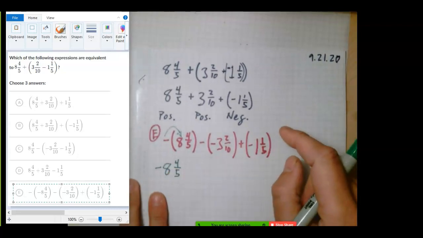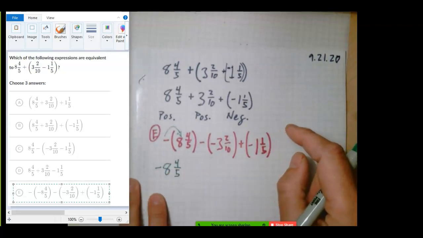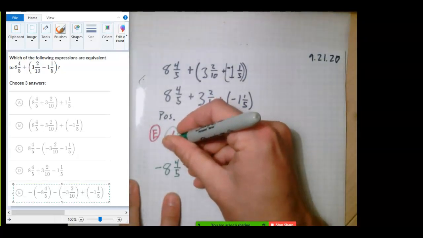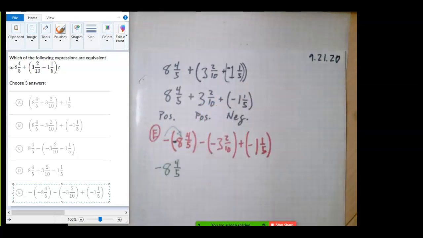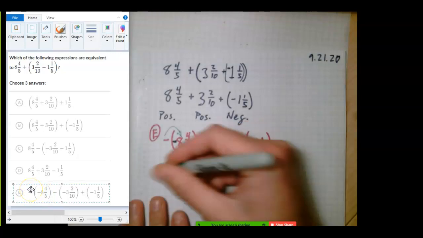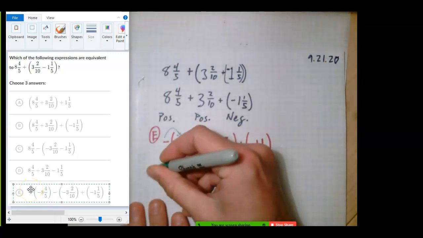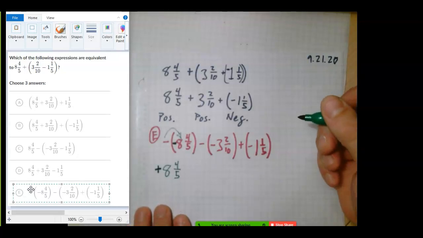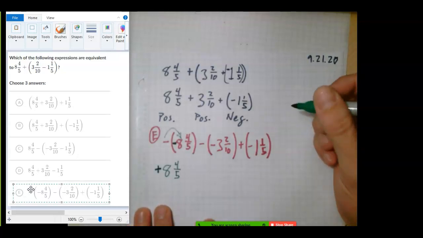Mr. Hudson, I think you wrote it wrong because on the problem it says negative. Oh, negative. Yeah, thank you. There's another, sorry, an E. If we look over in the paint, there are 2 negatives in front of E. So my bad. This actually becomes positive. Good catch.